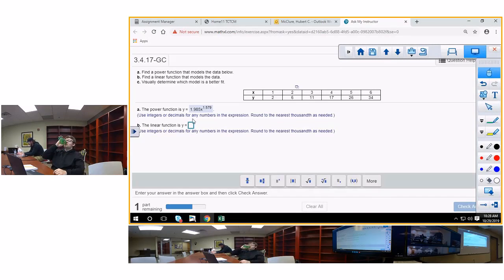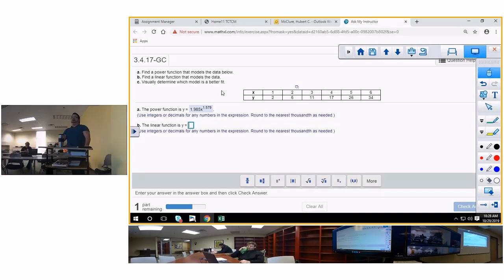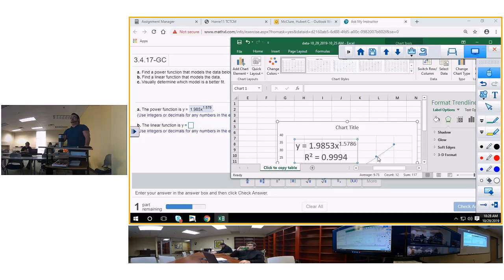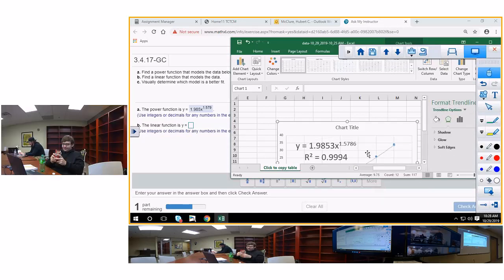The linear function is y equal to, change it to linear, go back to the Excel spreadsheet, right click, well, format trend line. Are you finished? My bad.